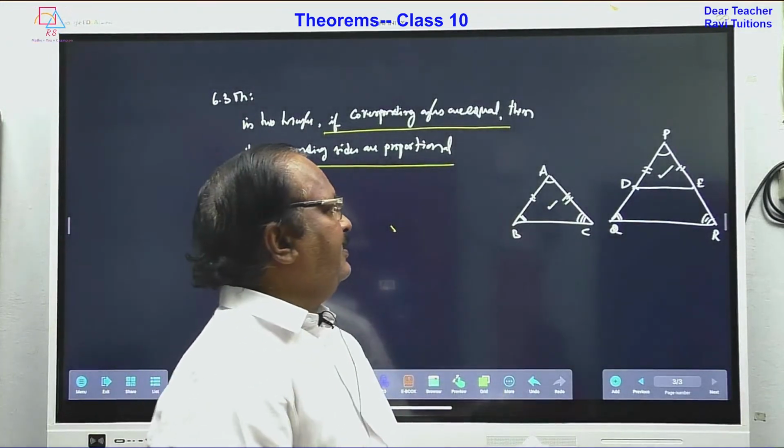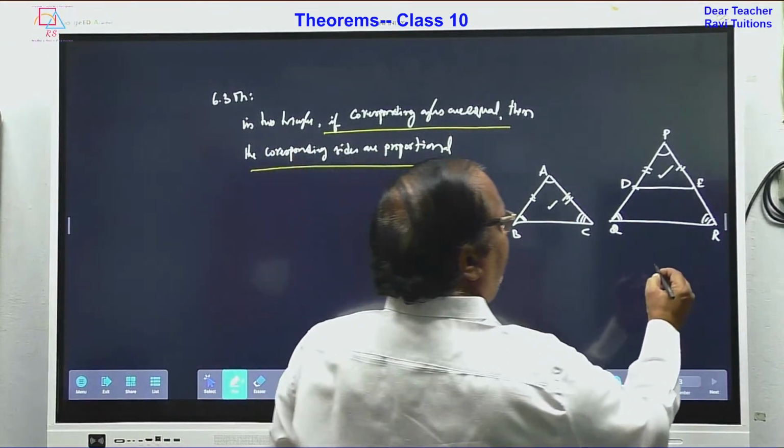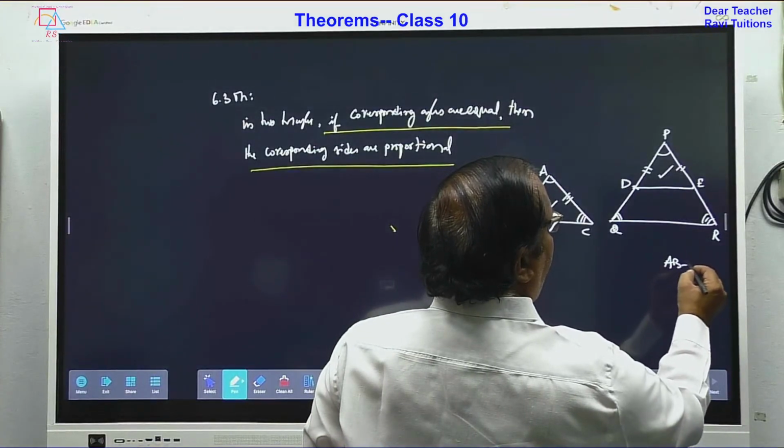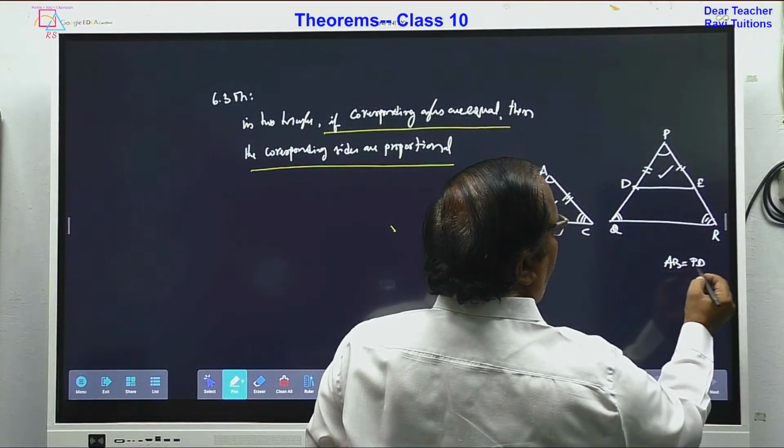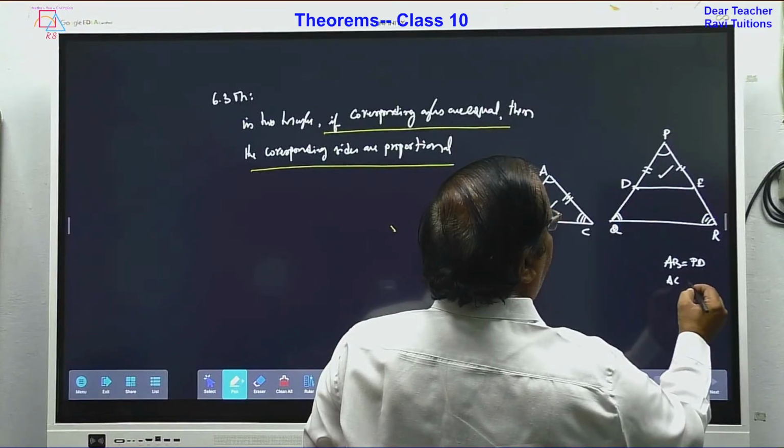So this is my construction: AB is equal to PD and AC is equal to PE.